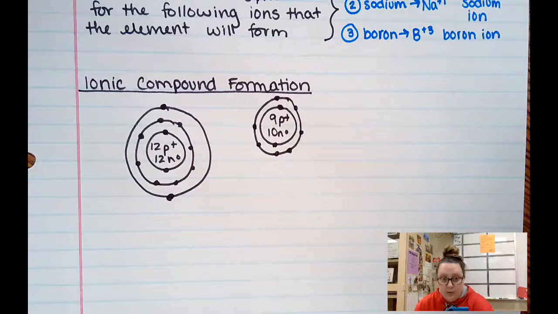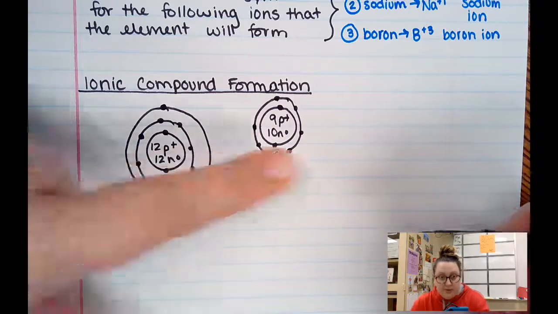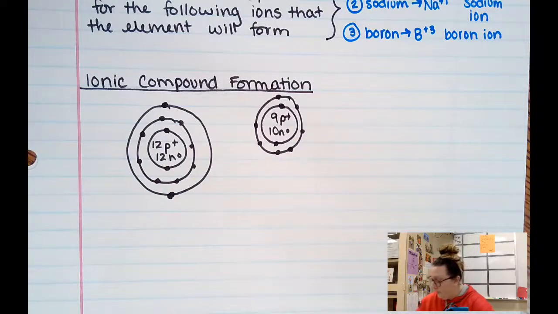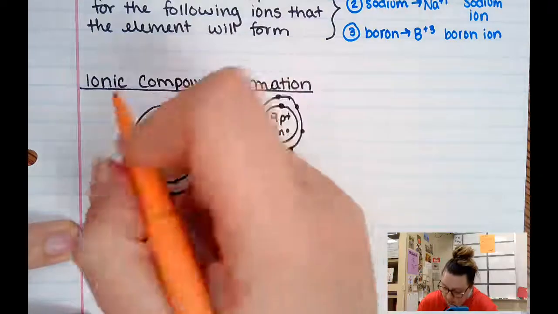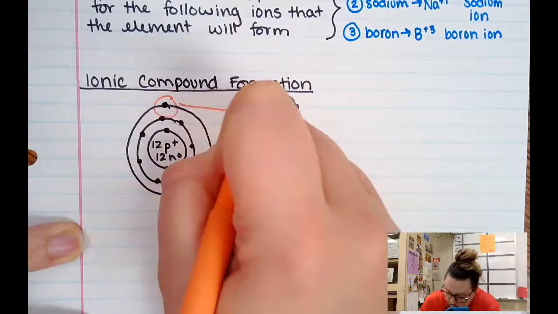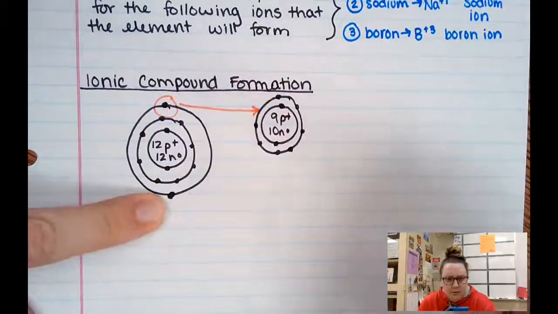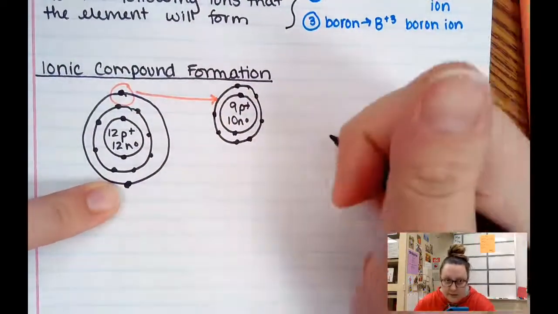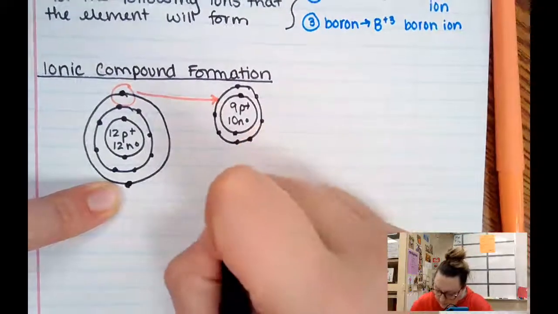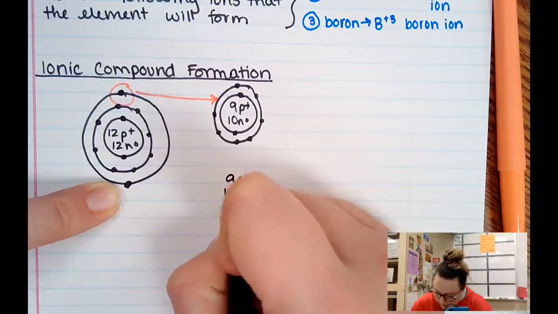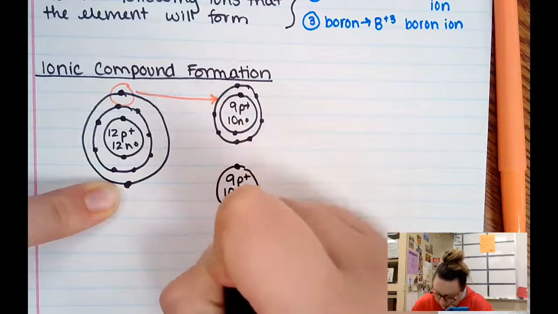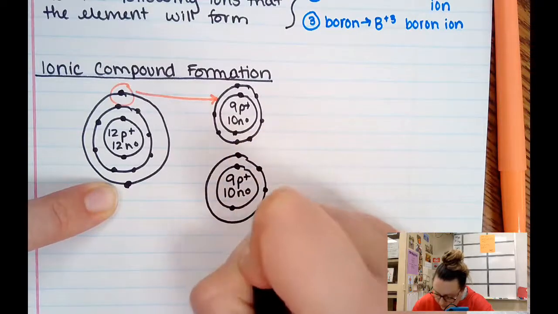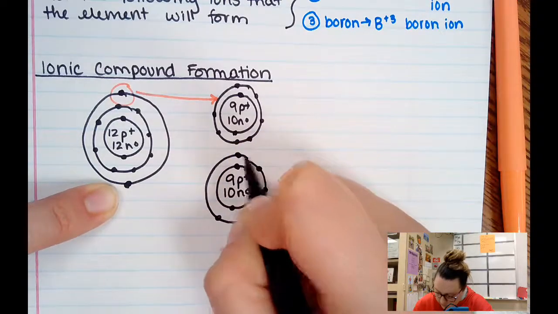We know that magnesium wants to give away 2, and fluorine wants to gain 1. If these 2 make a compound together, one electron is going to go there. But then you think, what about that other one? Well, this fluorine doesn't want it. So when you have a compound of magnesium fluoride, it's going to take another one of these to accept magnesium's additional valence electron.